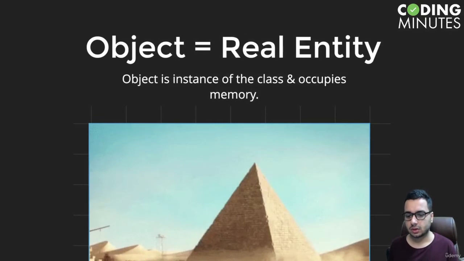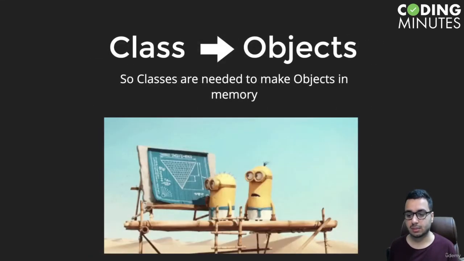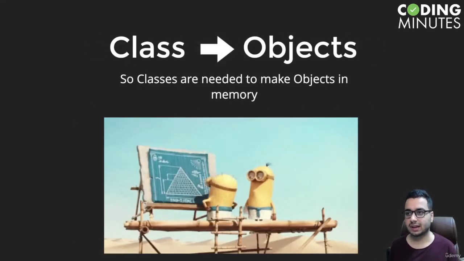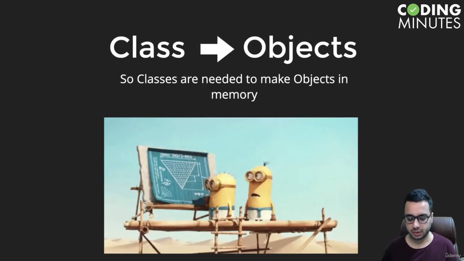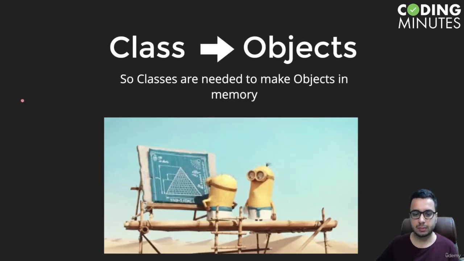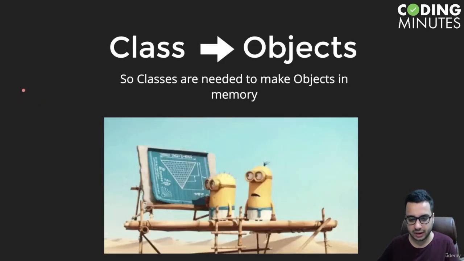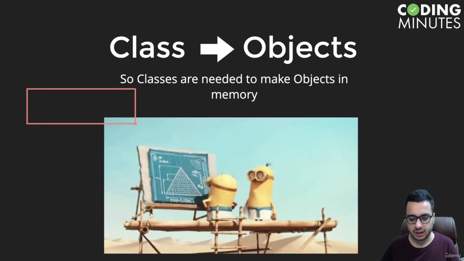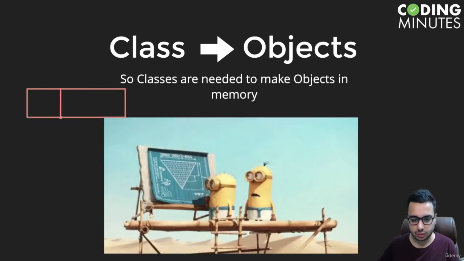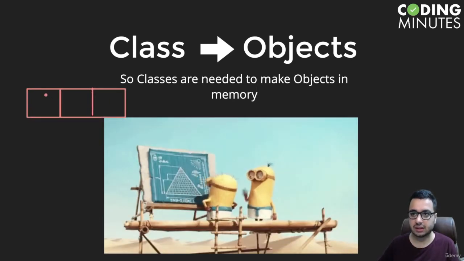Object, as I discussed, is an instance of the class, and it actually occupies some memory, and we need to define classes to make objects in the memory. For example, I want to make objects for multiple cars. I want to store information about 3 cars in the memory.